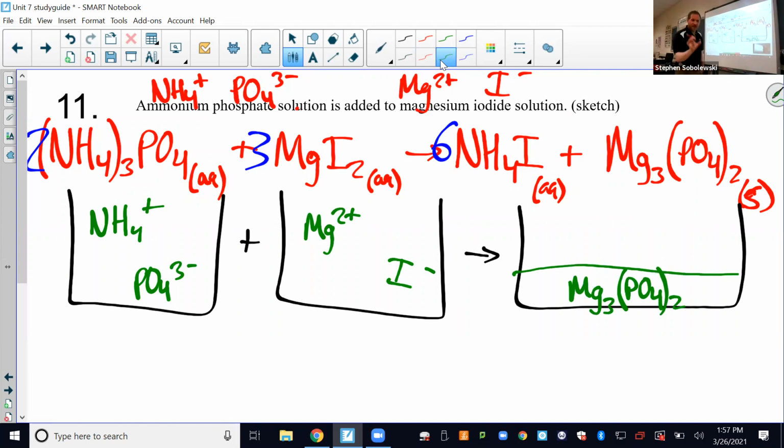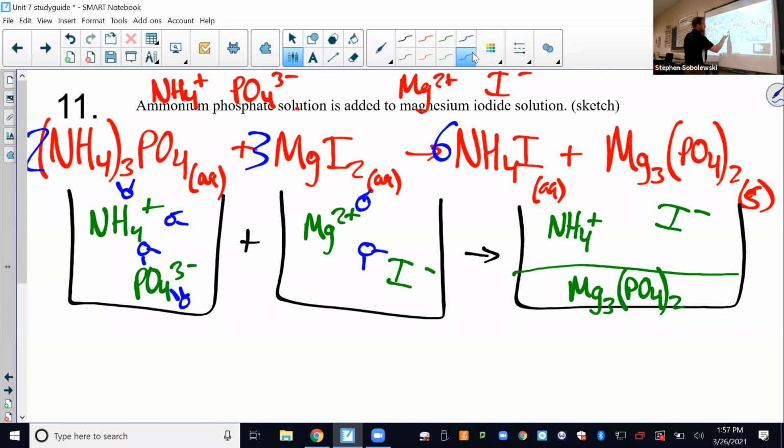And that's written together, not as magnesium and phosphate. My ammonium iodide is aqueous, so we write NH4+, I minus. Now the last thing we do is add some waters to interact with these ions. There we go. Okay, that's it.